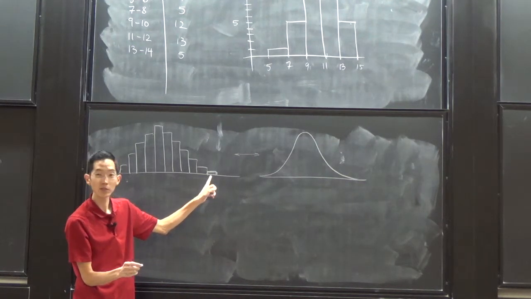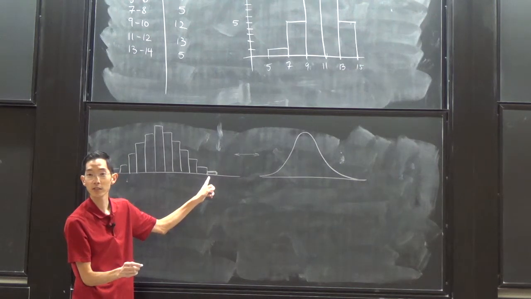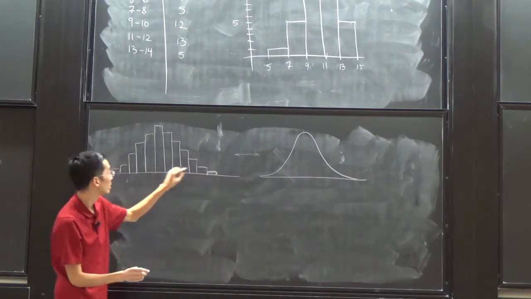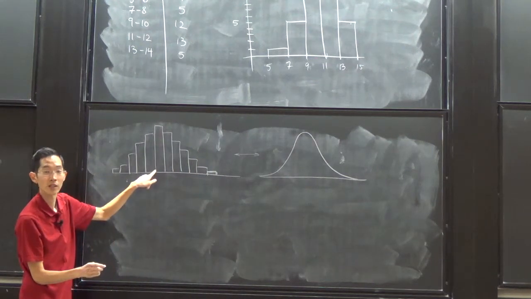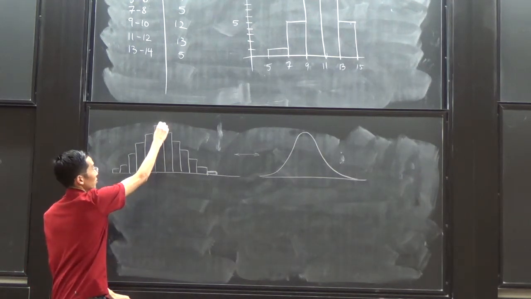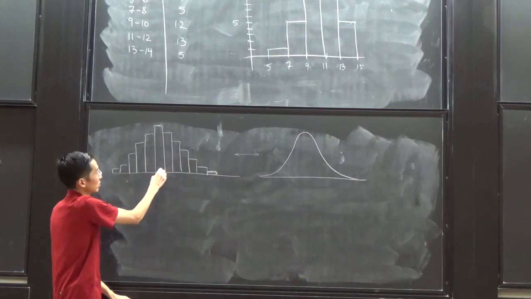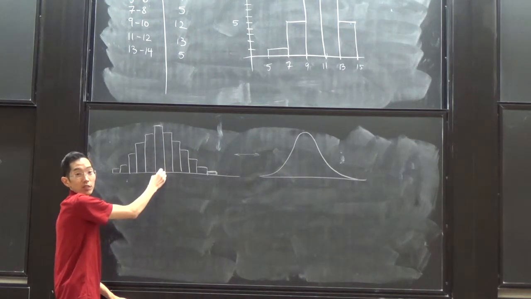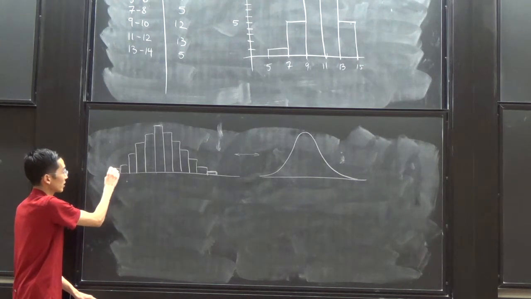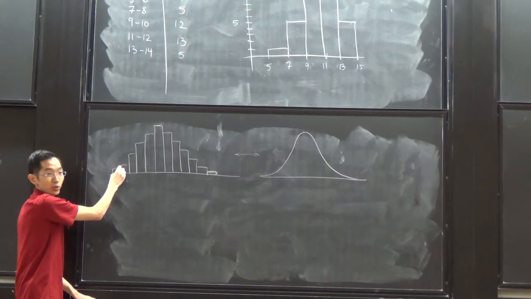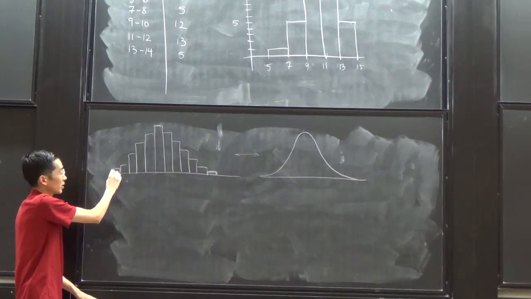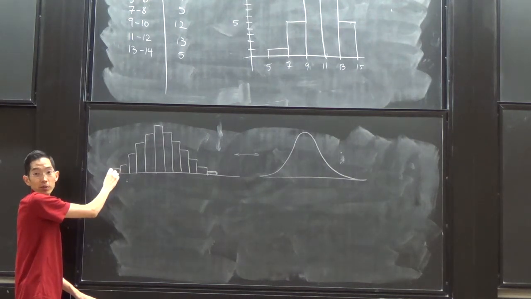But is it common to have this high value? No, and that's why the bar here is low. What about this one? Okay, so it's very common, because the bar is high, and the value is neither very high nor very low. It's actually kind of in the middle. Over here is an individual or a few individuals with a very low value in the numeric variable, but also not very common because the bar is very low.